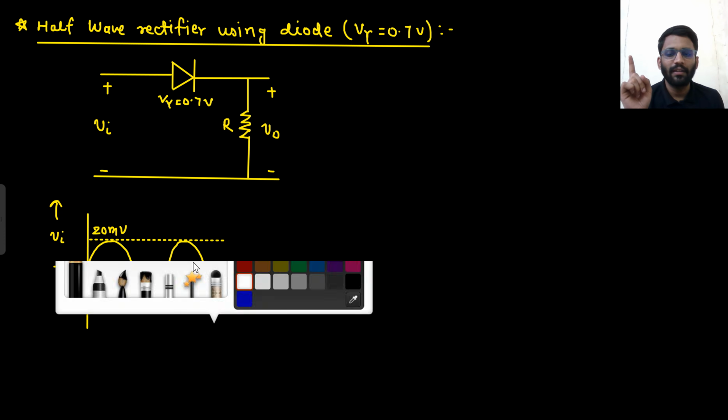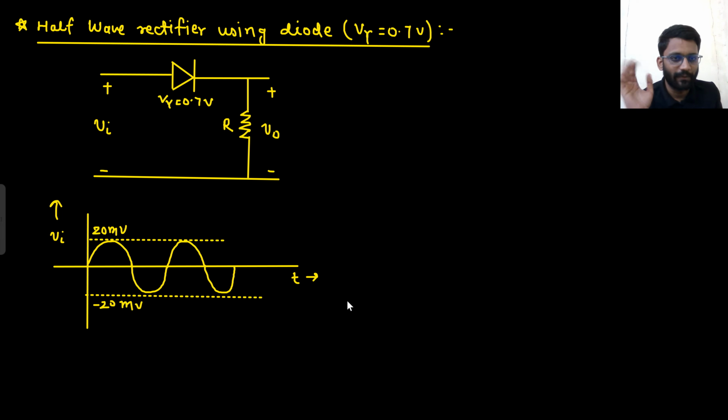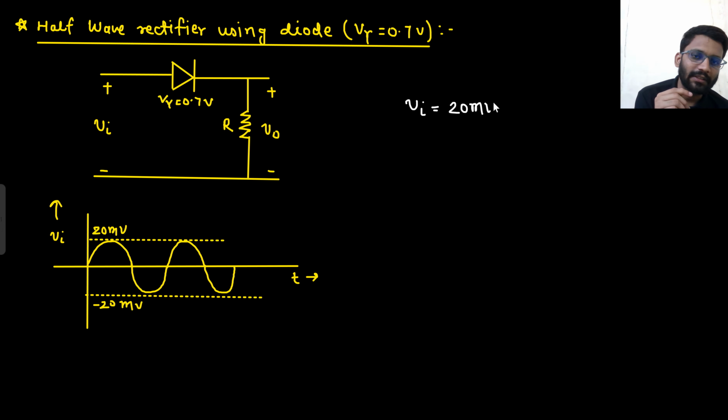But here the gamma value is 0.7 volt, and your input is very small. Input is a small signal, 20 millivolt to minus 20 millivolt. So your input is basically 20 millivolt sine omega t, and V gamma is equal to 0.7.